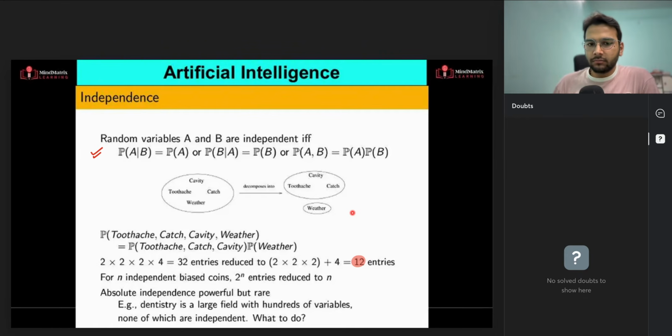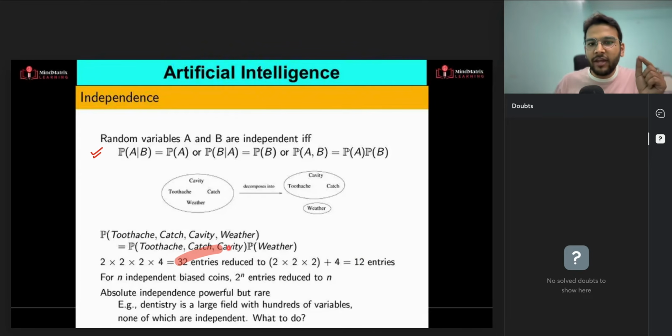Okay. So what we understood here is that absolute independence is powerful. In this case, this is absolute independence, because weather is logically not at all related to these random variables. Absolute independence is definitely powerful, because just by eliminating one random variable, you go from 32 to 12.